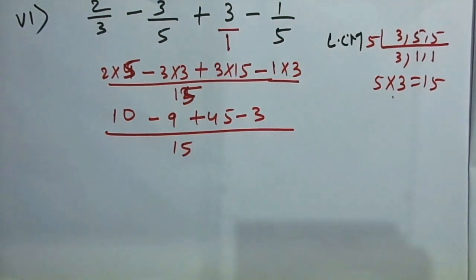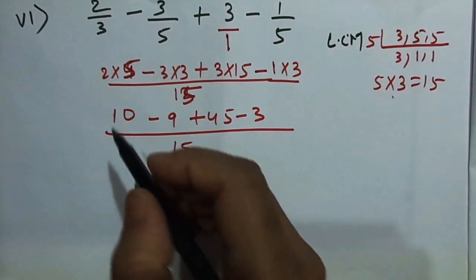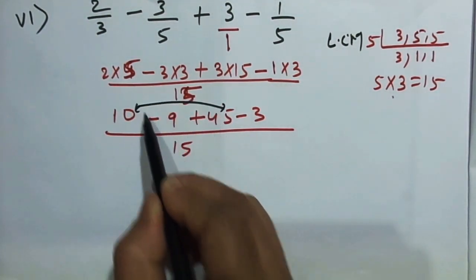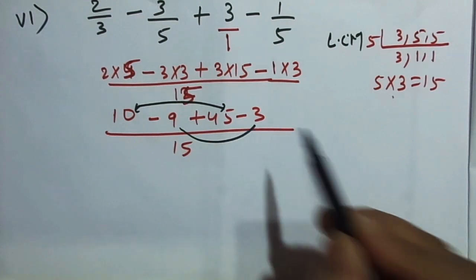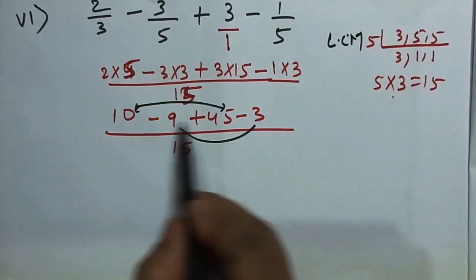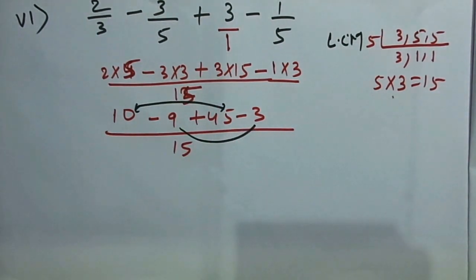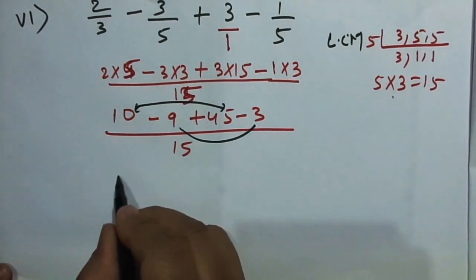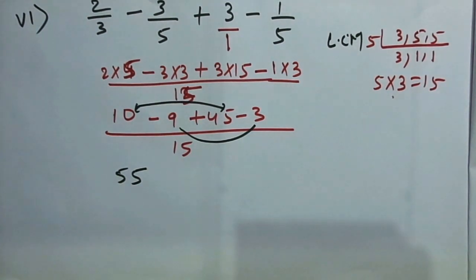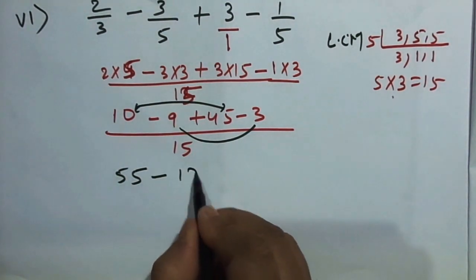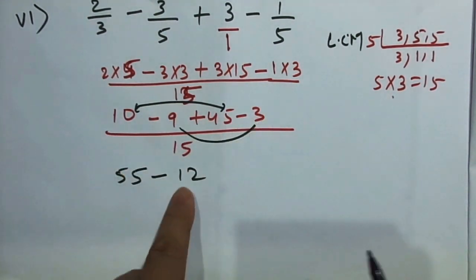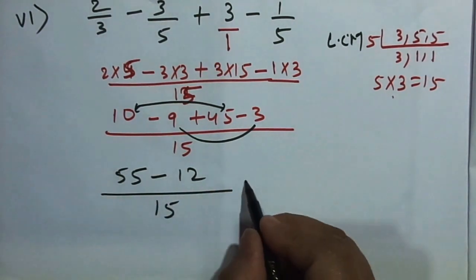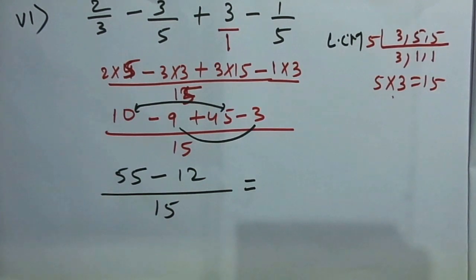On solving it, how to solve? All the positive numbers should be added and all the negative numbers should be added separately. So 10 plus 45 will be equal to 55, minus 12, that is minus 9 minus 3, minus 12 by 15, will be equal to how much?